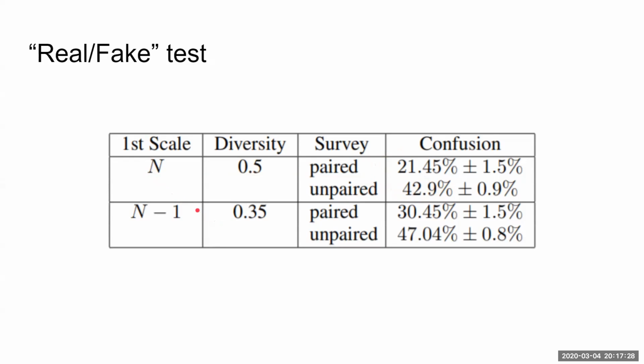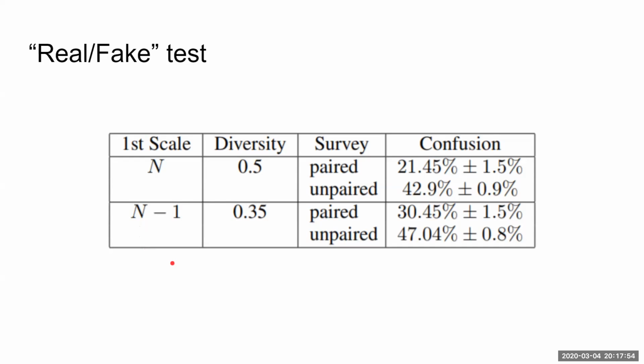So this is a second experiment which they did. In the first case, they generated images from all the scales, and in the second case, when we were discussing the architecture, the lowest level scale is denoted by n.